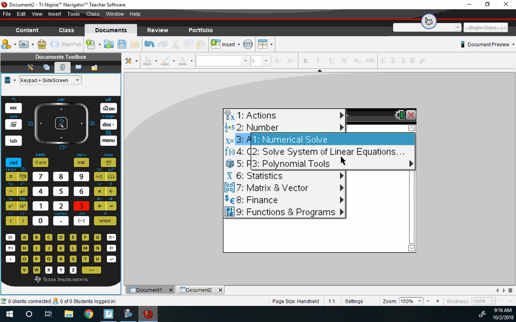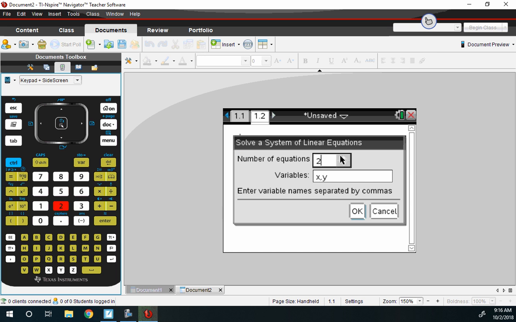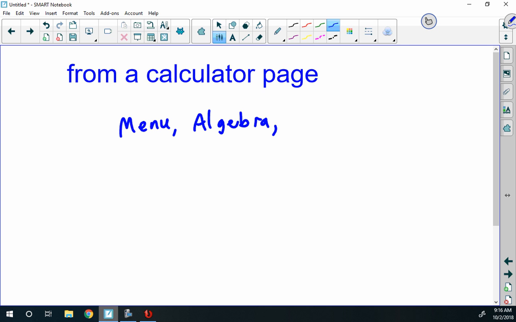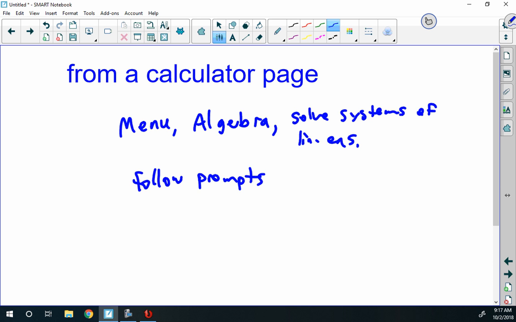Do you see what it says? Solve system of linear equations. Dude, that's awesome. And then you just follow the prompts. Okay, so you're going to go menu, algebra, solve systems of linear equations, and then you follow the prompts.